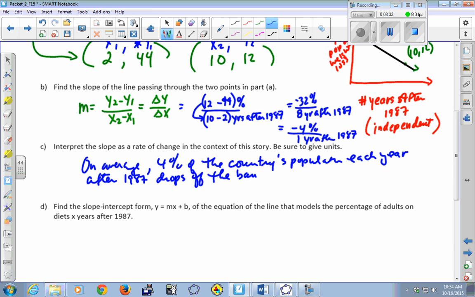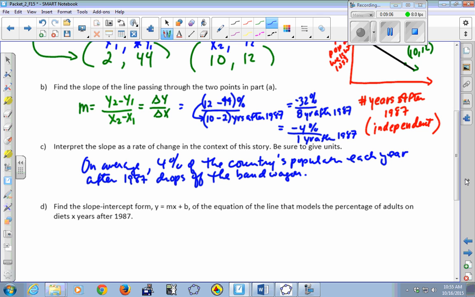Now, if I read that, because I read the original story, I know what Josh is talking about. Dropping off the bandwagon, probably you could say deals with that negative in front of the 4%. Because you've got to get an English word in your sentence somewhere that's going to describe that negative in front of your 4%.